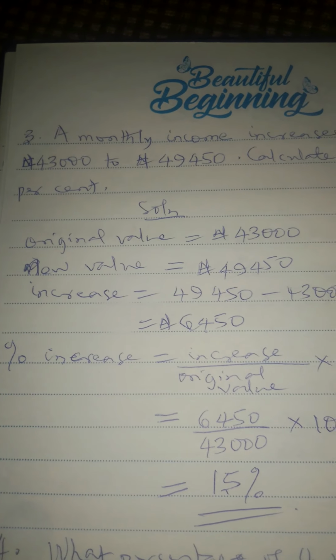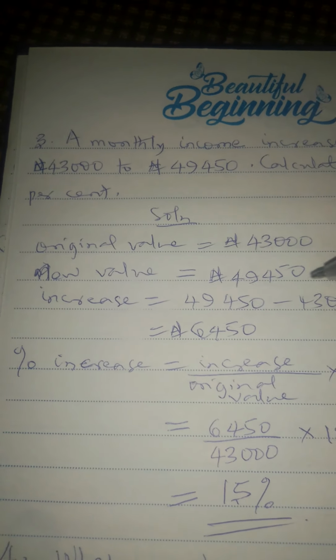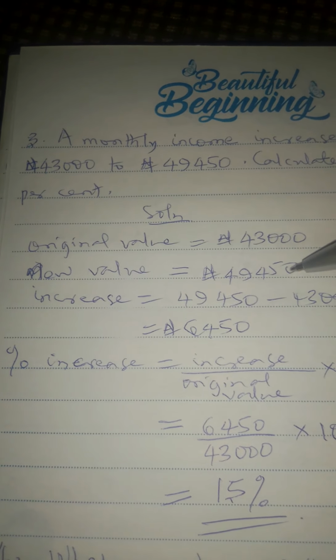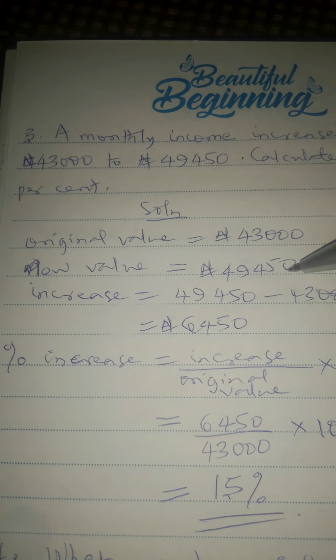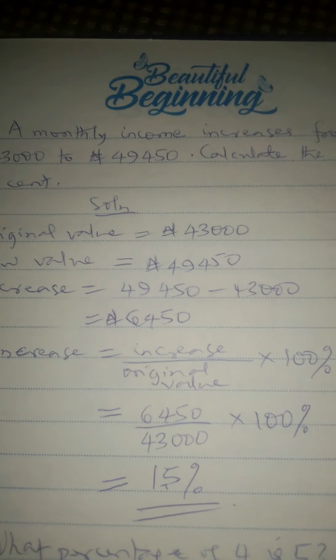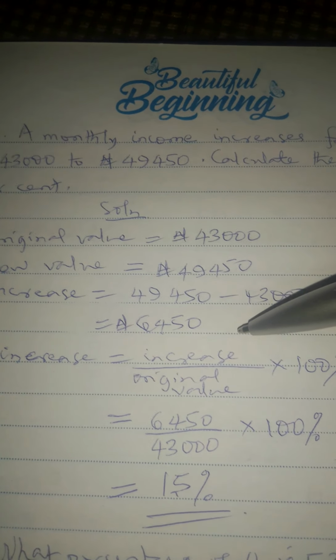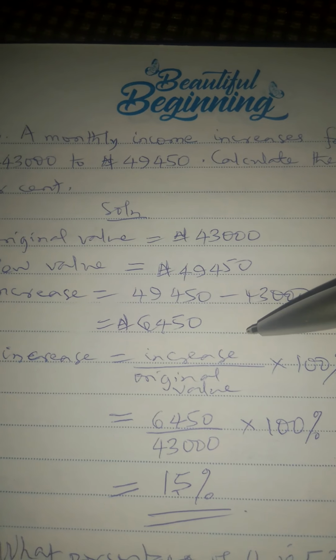You get your increase. The increment made here will be this new value, which is 49,450 minus your 43,000 naira. So that means the increase is 6,450 naira.